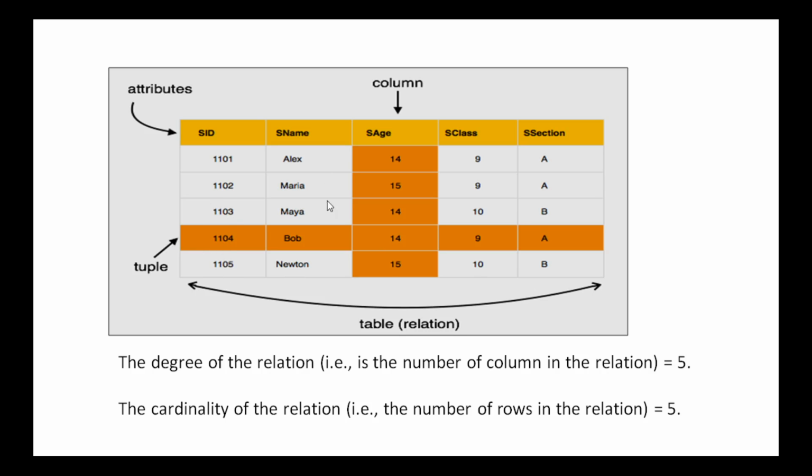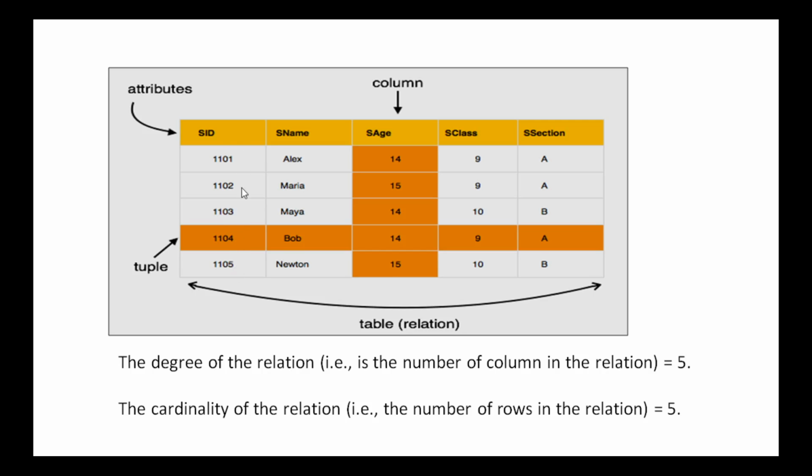Each table should have a primary key to identify each and every record uniquely. Here we have taken the attribute SID, student identification. Observe the identification values: 1101, 1102, 1103, 1104, 1105.